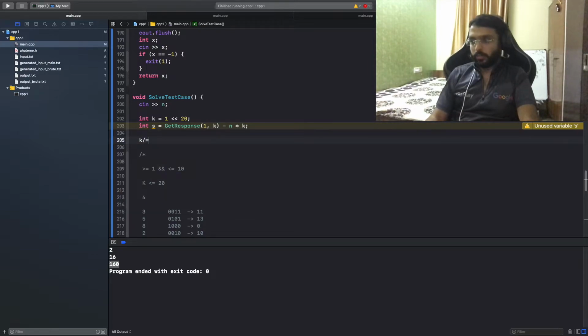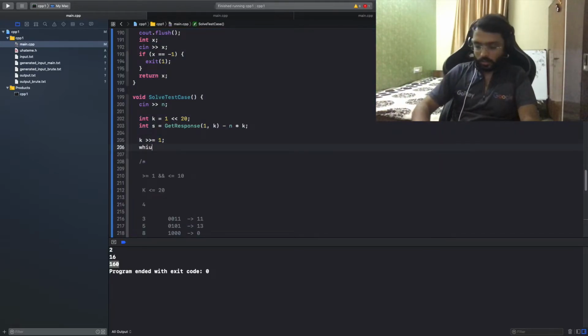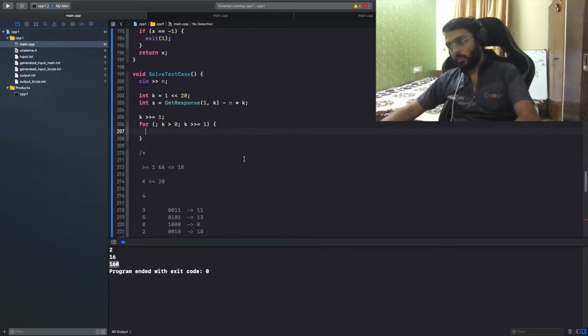k divide equal to 2, so I'm just bitwise shifting. For k greater than 0, k divide equal to 2. I have to do this for each k.